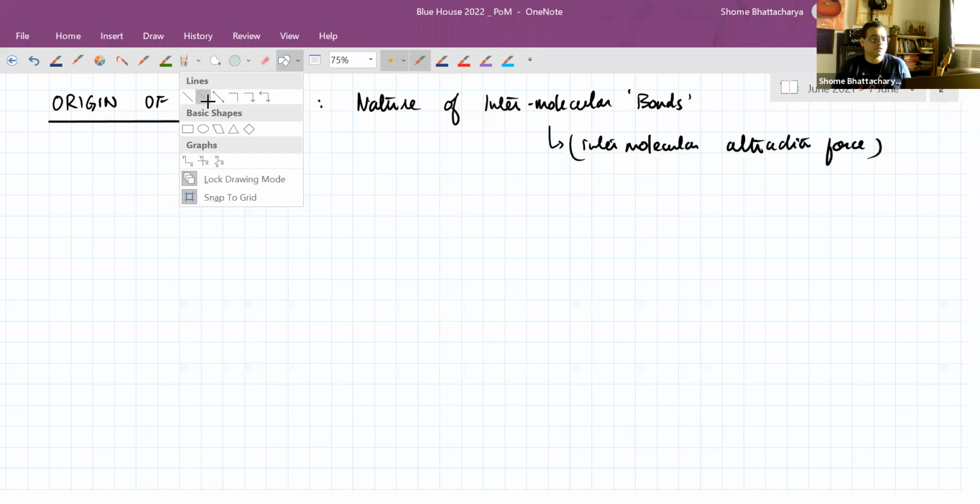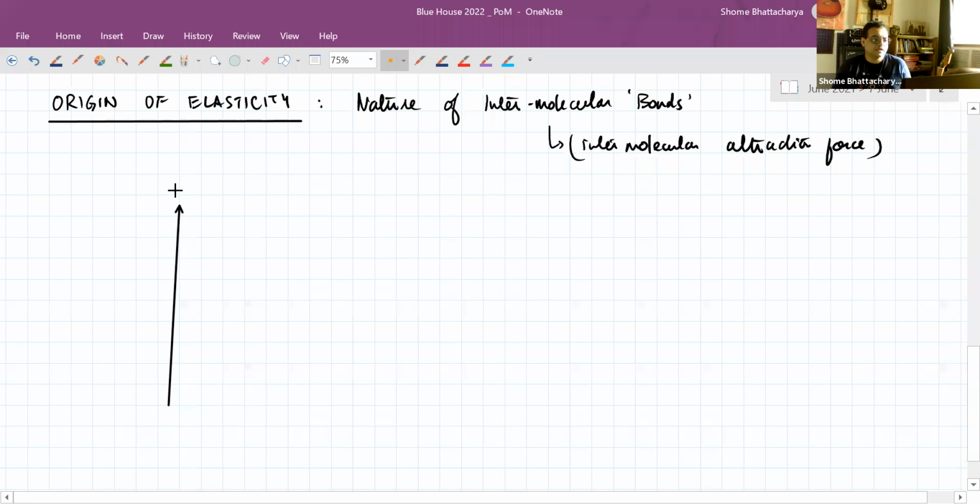interaction between molecules by looking at a potential energy diagram, where you're looking at the potential energy of a pair of molecules on the basis of their interactive force as a function of the distance between two molecules.